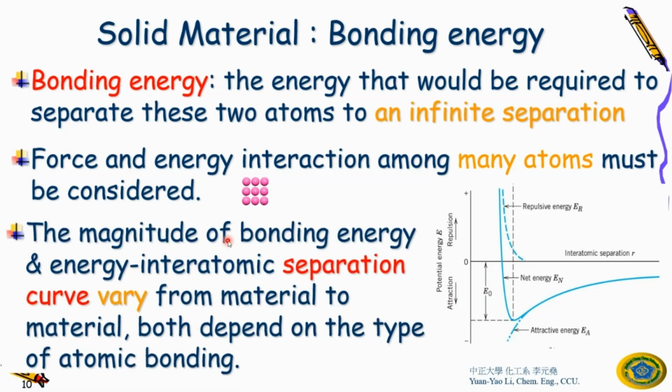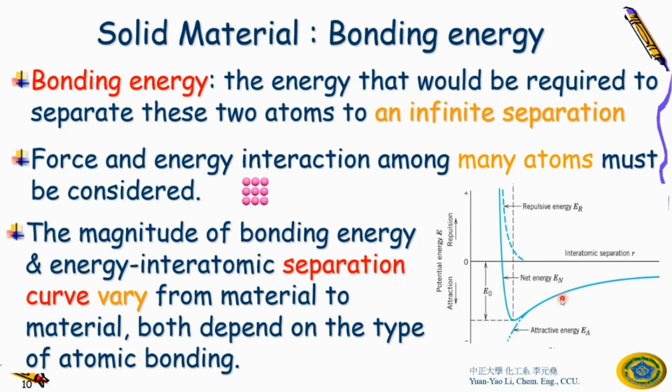Okay, so the magnitude of the bonding energies and the energy versus interatomic separation curve vary from material to material. Both depend on the type of atomic bonding. The type of atomic bonding is what? Ionic bond, metallic bond, or covalent bond. So this curve is just basic knowledge for you to digest.